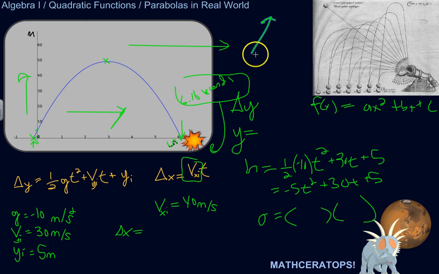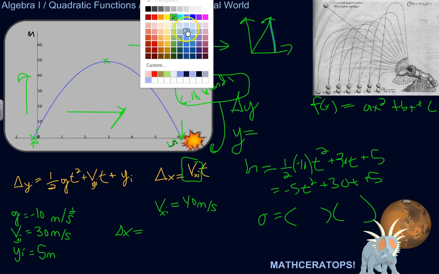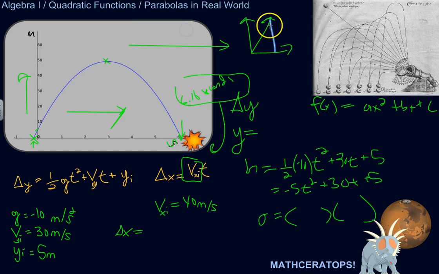Well, there's two components to that velocity. There's the velocity in the x direction, and there's the velocity in the y direction. So I could actually turn that into a right triangle, and I could split up this thing into its vertical and horizontal components with sine and cosine and stuff like that. Anyway, I'm just telling you what the vertical velocity is.